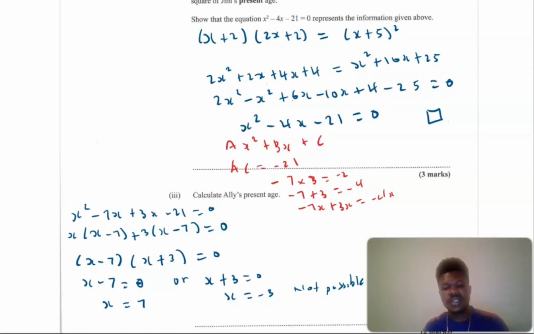So we can say, therefore, Alice's present age is equal to 7 plus 2, which gives us 9. So she's 9 years old at this moment.